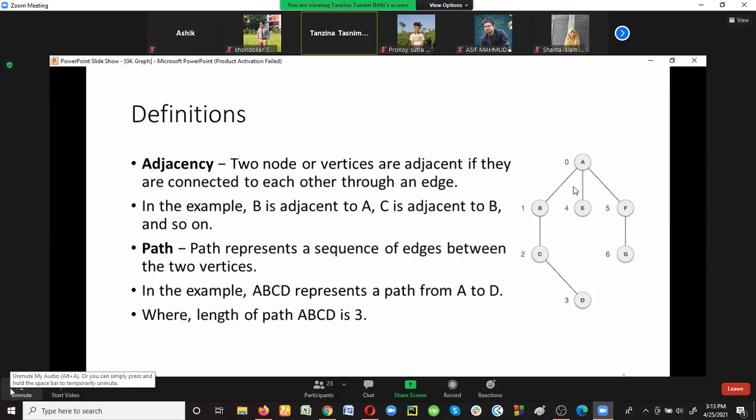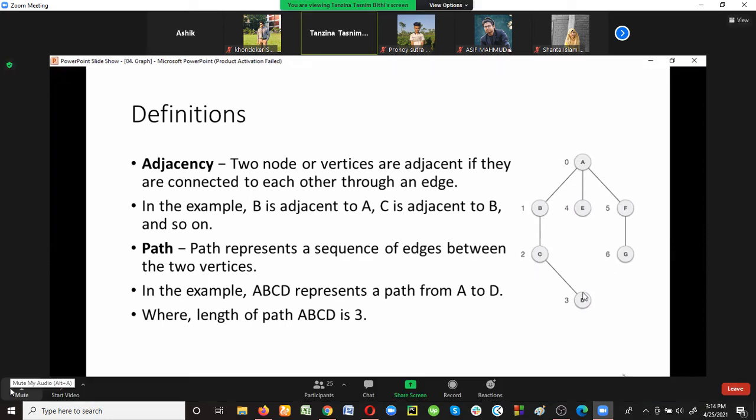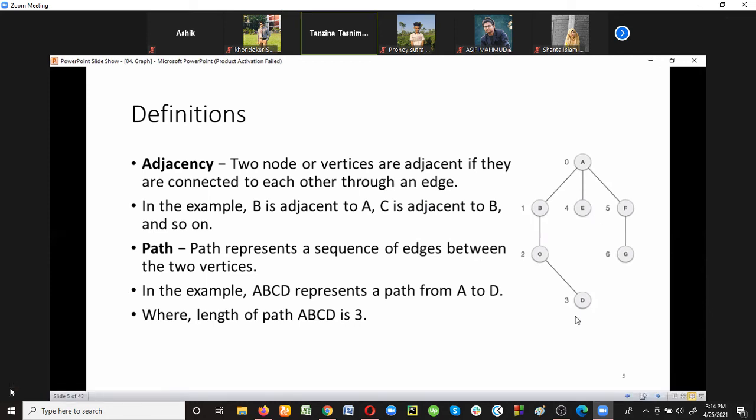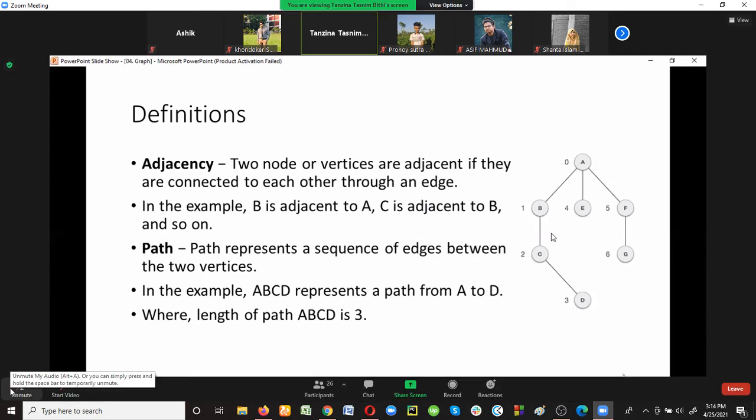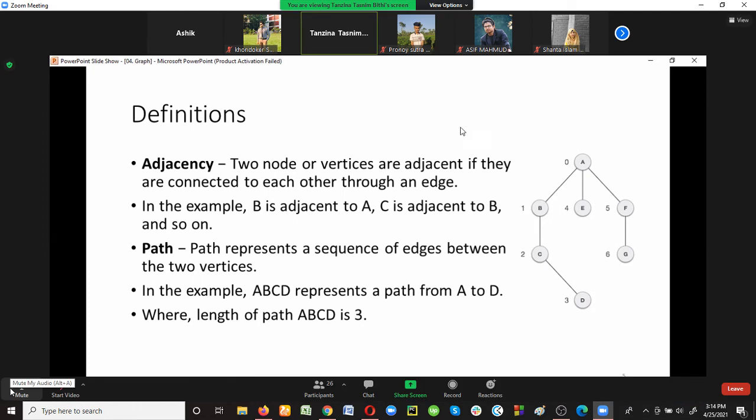So in this graph, how many vertices are given? 7 vertices, A, B, E, F, D, and G. There are 6 vertices. And how many edges are here? The edges are the connecting lines between 2 nodes. So there are 6 edges. Isn't it? Yes, ma'am. Okay.